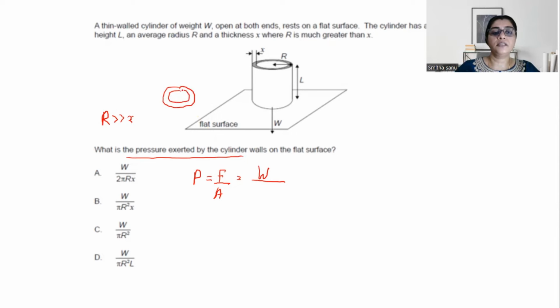And x is the thickness. The outer circle has a radius r, and the inner one, the gap between them is x. So I just need the area of the wall, then what do I do? I subtract the inner area, which is pi (r minus x) the whole squared, from the outer area.